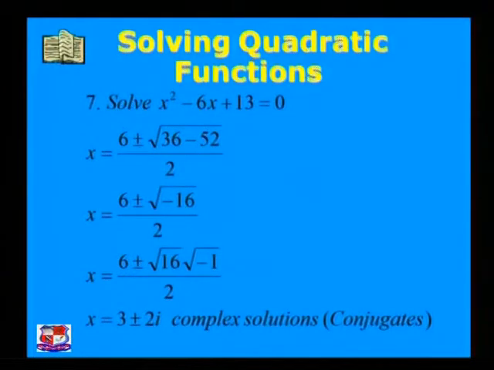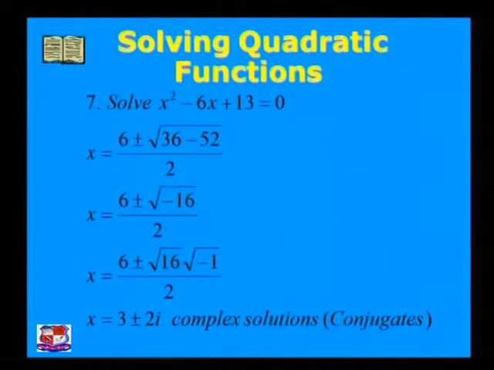We all know how to solve the quadratic equation, and delta is equal to b square minus 4ac. Here b is equal to minus 6, so b square is equal to 36, minus 4ac, that is 4 into a is equal to 1 into c is equal to 13, so 4 into 1 into 13, that is equal to 52.